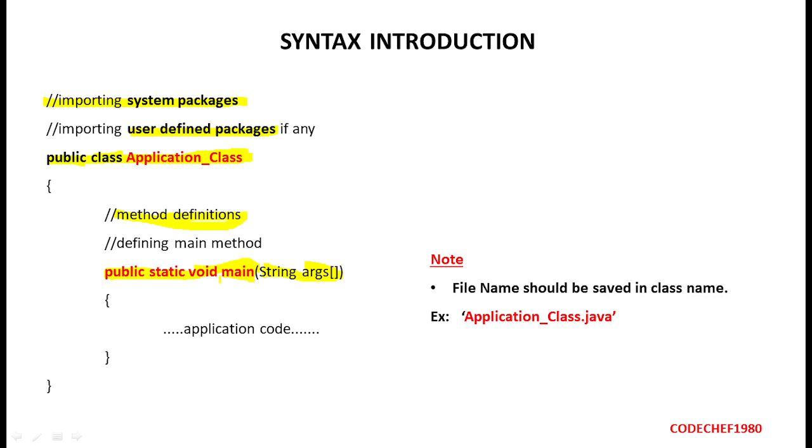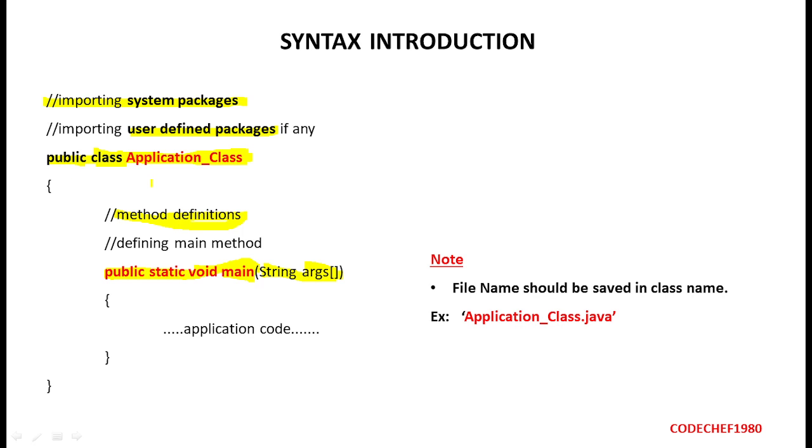Then the static keyword. Why is it used here? Because this is actually a class, the application class. In C++, I have already discussed that in object-oriented programming, whenever you create a class, you have to take an object for executing its operations or member functions.